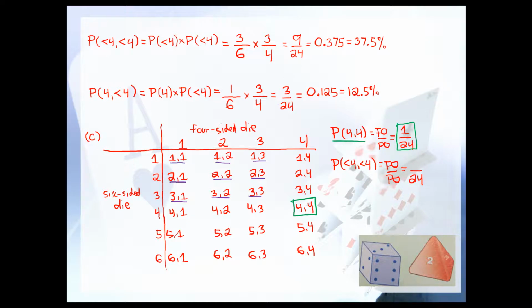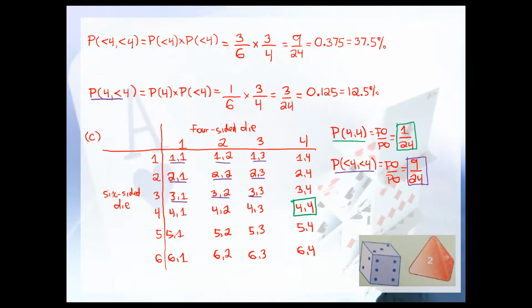Okay, so let's fill that in. 9 out of 24. And how does that compare to our calculation using the multiplication method? The probability of obtaining less than a 4 on each die would be 9 over 24.